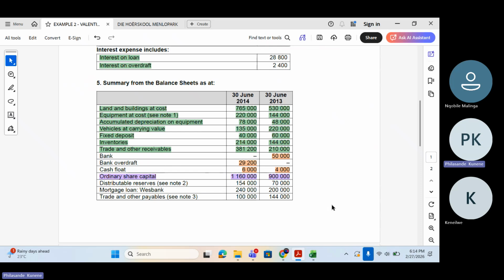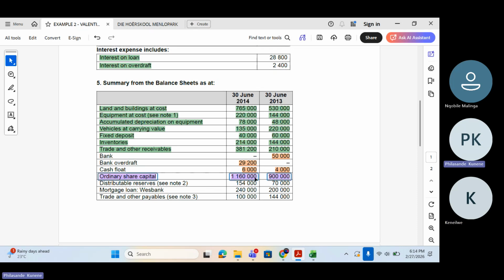Inflow of cash of how much? How much inflow of cash are we getting? 260,000 rands. Thank you on that.